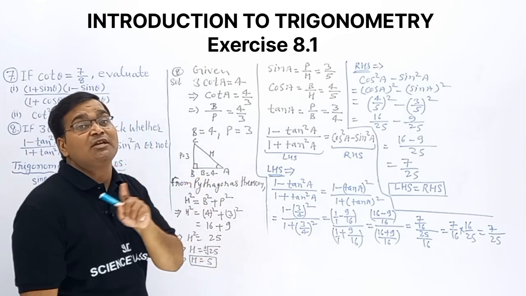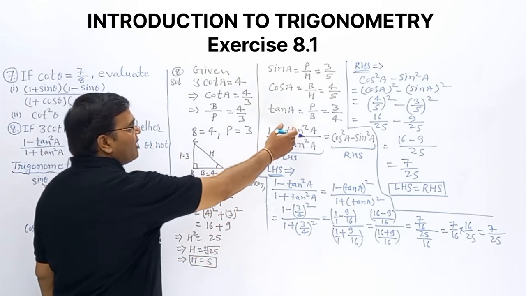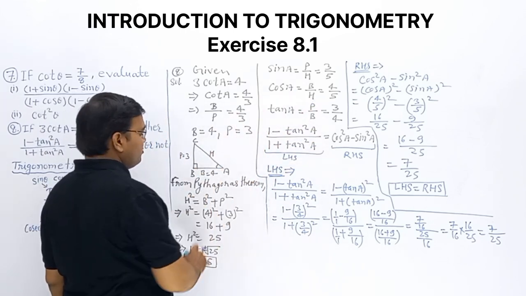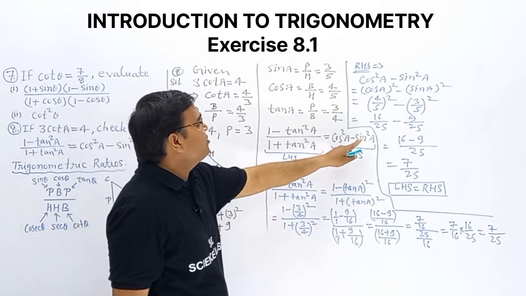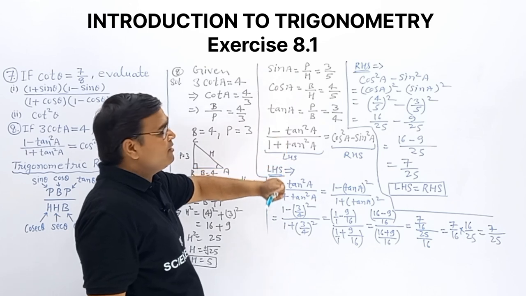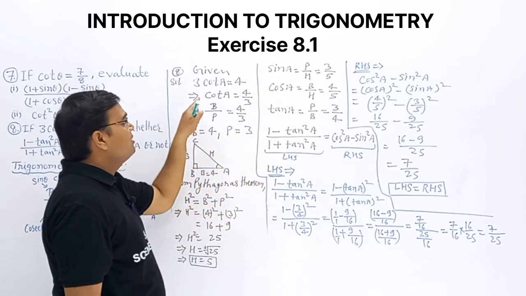By using trigonometry ratios. We require tangent A, which we can obtain by using the given ratio. And where we want sin A and cos A, we can find the sin A and cos A ratios from this one.